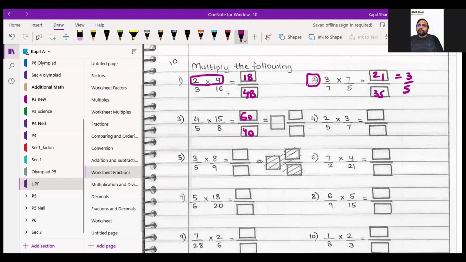Right, Swastik? So let's say 5 times 1, 5 times 3. Isn't it? If you want to reduce it, then you can do that as well. Otherwise, you can simply multiply 4 and 15 and 5 and 8 separately. Okay, fine. Next one.